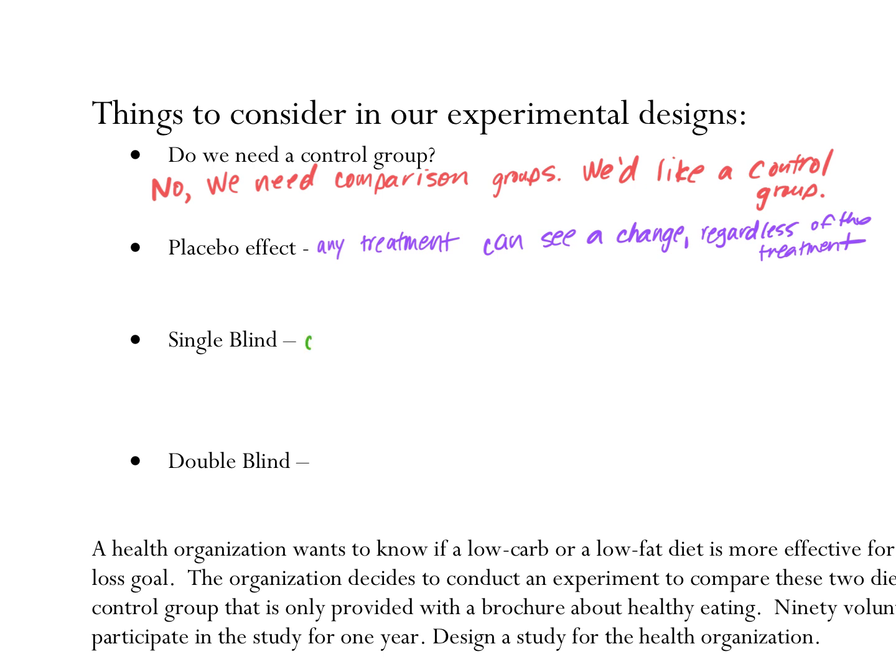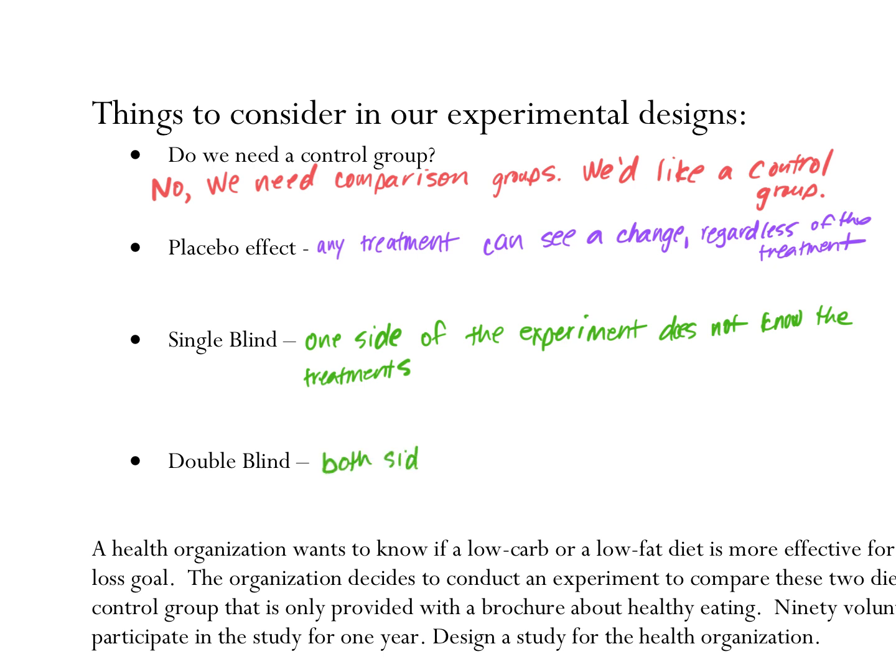So in a single blind, one side does not know the treatments. Typically, the subjects. In a double blind, both sides do not know the treatment.